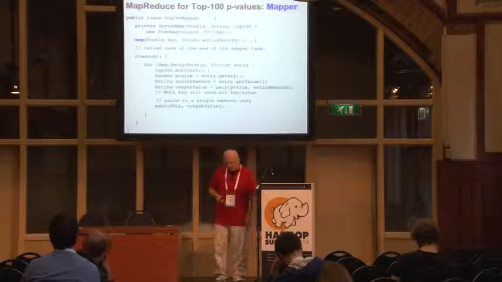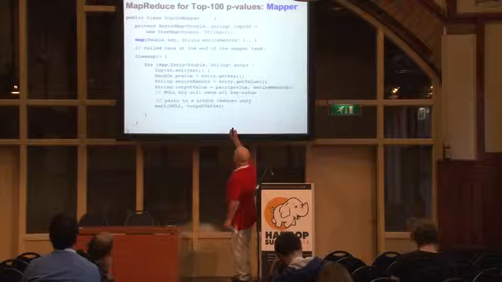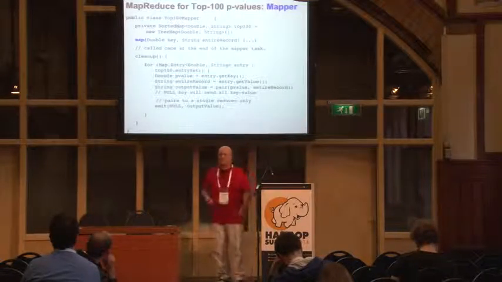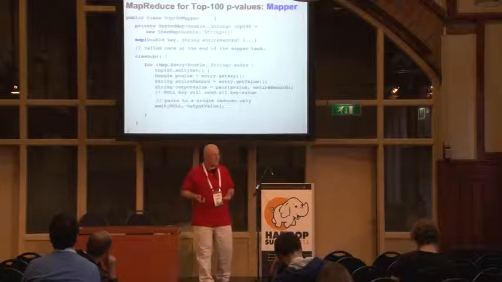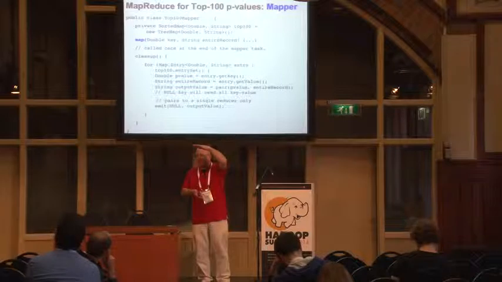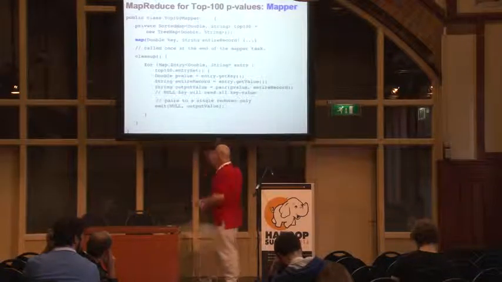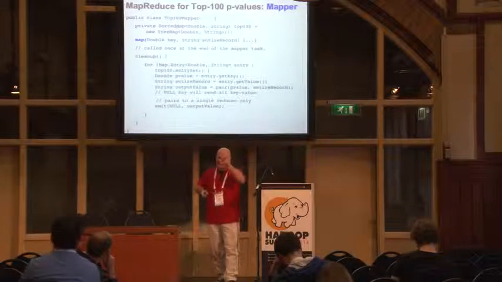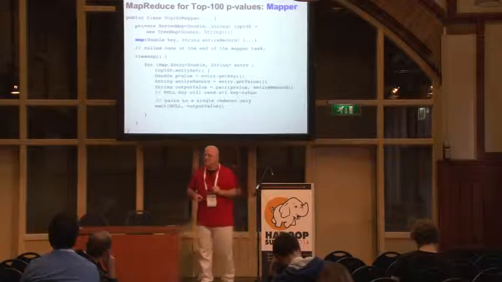And this is the MapReduce for top 100 p-values. Basically, I'm using the sorted TreeMap. And you might ask why you are using that data structure. Because I only need 100 values. I'm not going to keep more than 100 values. It's never going to grow more than 100. And when it is more than 100, I just evict the one which is not proper.